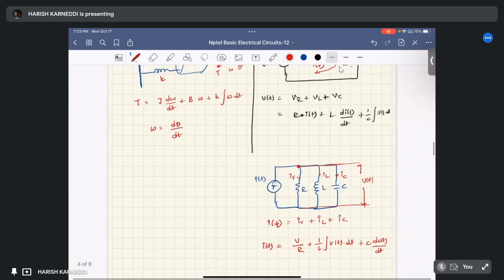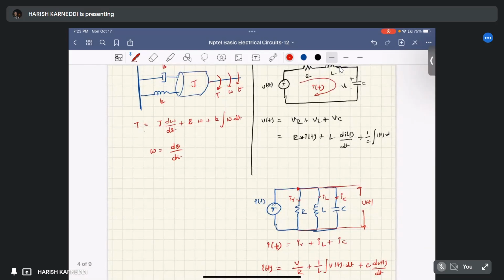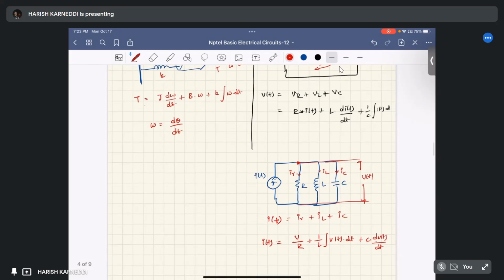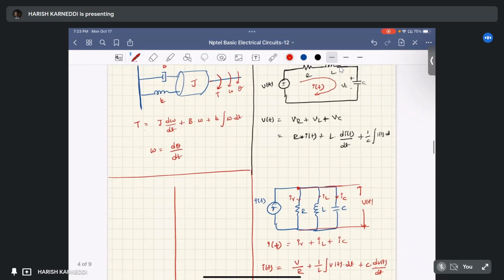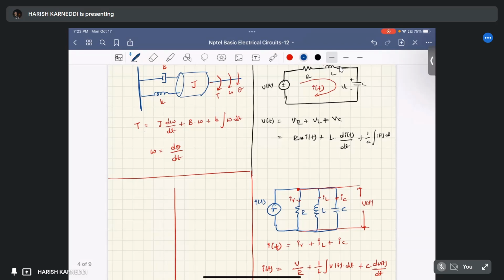Here we can represent the rotational system in terms of a series RLC network or a parallel RLC network, so we can relate those two. We are comparing these two. First, we compare this equation and this equation.